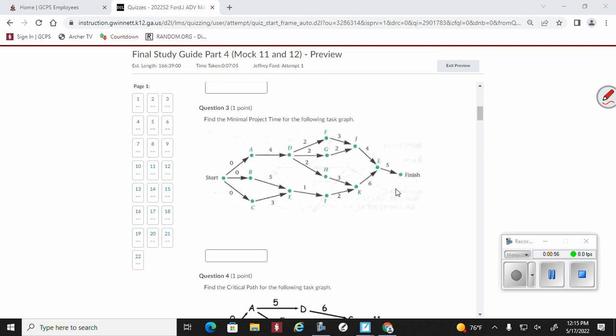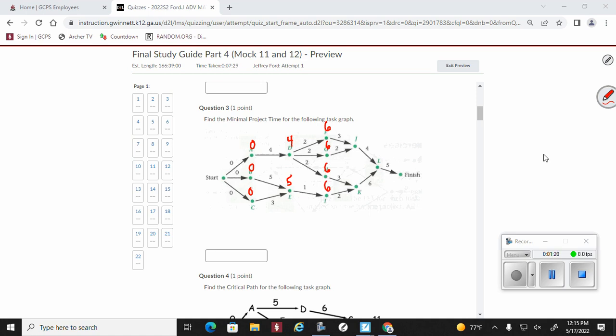All right, so find the minimum project time. We've done this several times. Anything connected to start will have a start time of 0. And then D would start at 4. Vertex E is a merge. You always want to take the largest total, which in this case would be 5. And then F, G, and H will be 6, 6, 6.